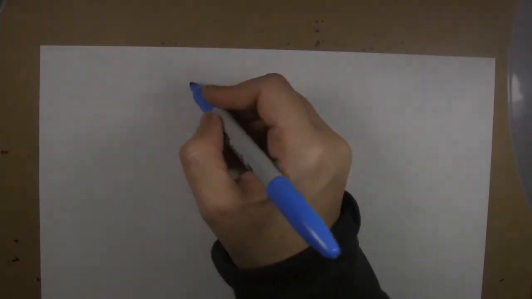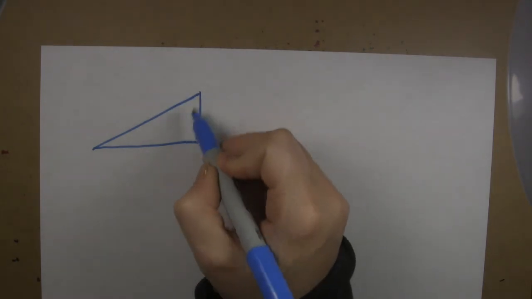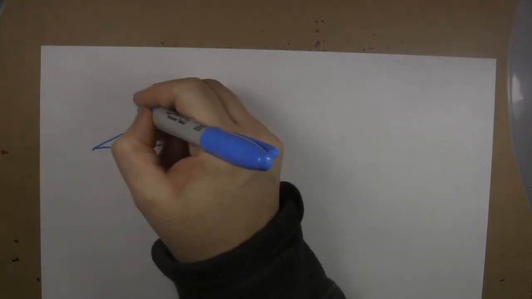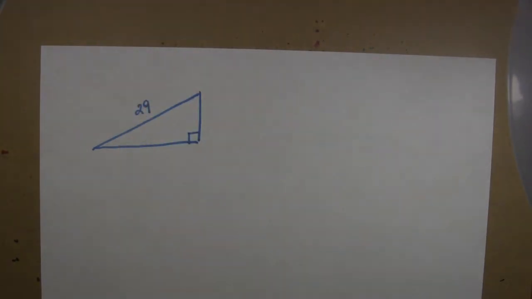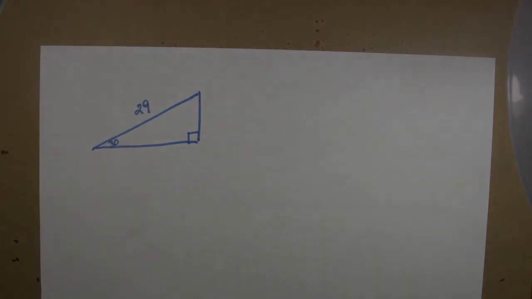I'll get a fresh piece of paper. We will do one more. And we know that our hypotenuse is 29. And we also know that this is 30. So this is a 30, 60, 90 triangle.